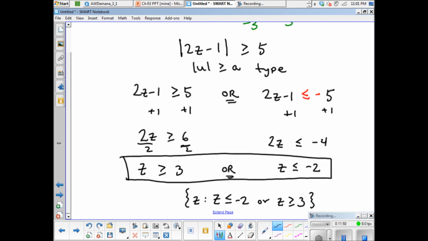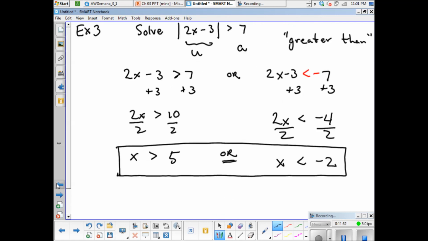Okay, let's go back to example 3 and put that in. So this would be what? The set of all x values such that, and then you put our answer, x is greater than 5, or x is less than negative 2. One more.